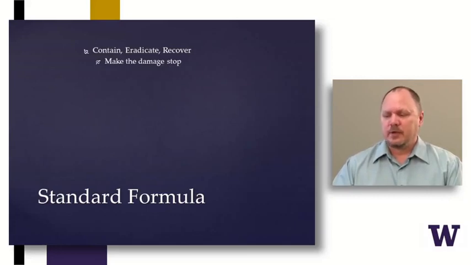Make the damage stop. This could be internal or external damage or both. If it's damaging your own internal systems, you have some leeway as to when you make it stop and what the liability may be. If an infection or an incident of some nature is actually using your network to hurt others, you may be more constrained. The liabilities may actually be mounting as you make these decisions.